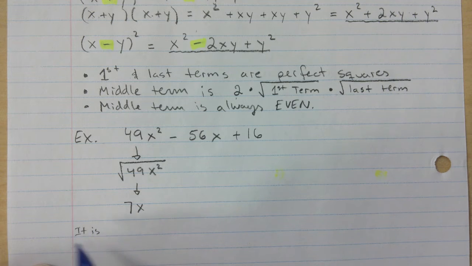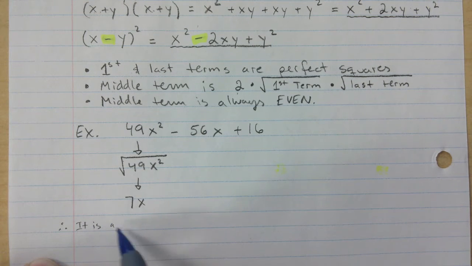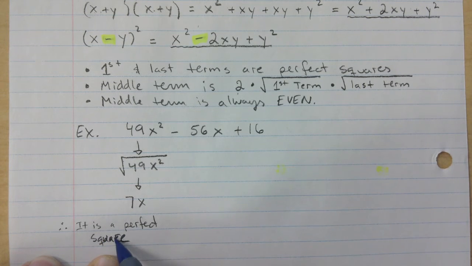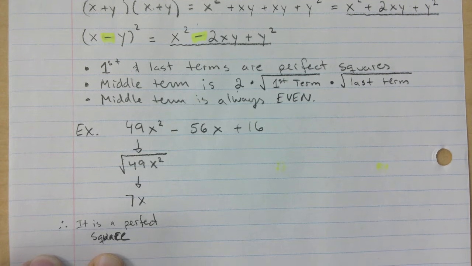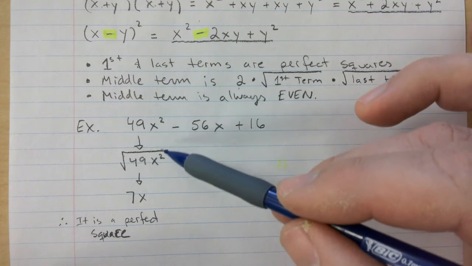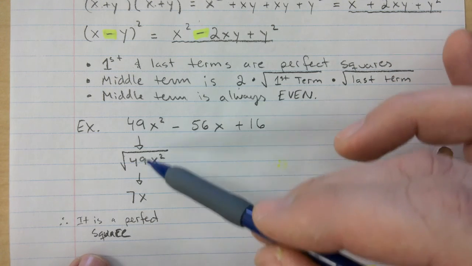Therefore, it is a perfect square. That's what it says down here. So I'm checking, wait a minute, is this maybe one of those PSTs?